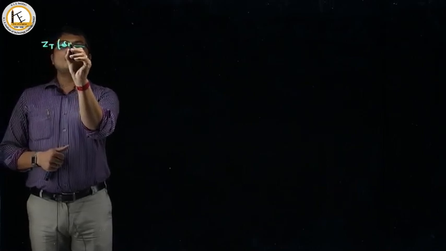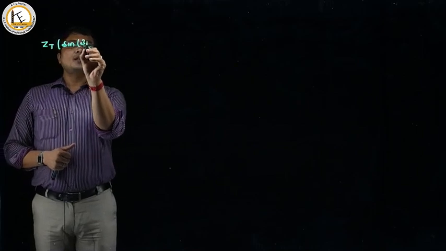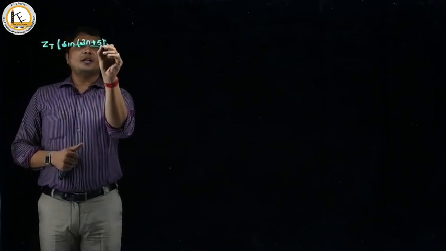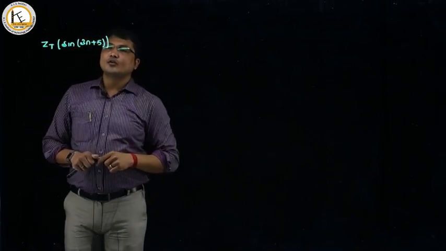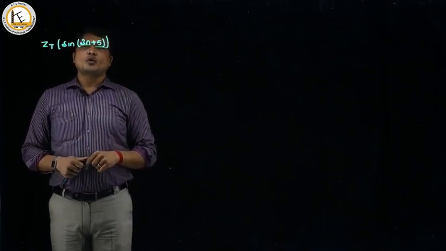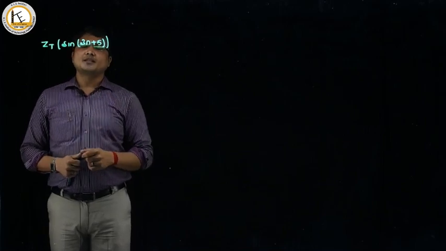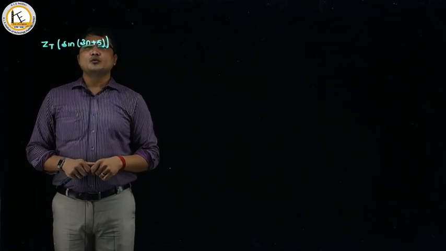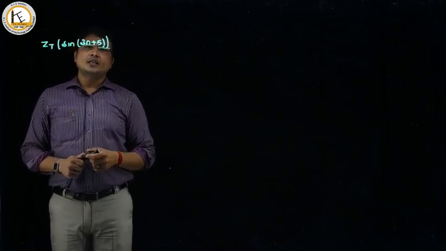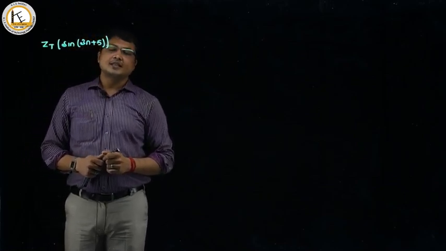Find Z transform of sin(3n + 5). Obviously, before applying a Z transform, we try to apply some trigonometric formulas and try to reduce this problem into the standard form of Z transform.